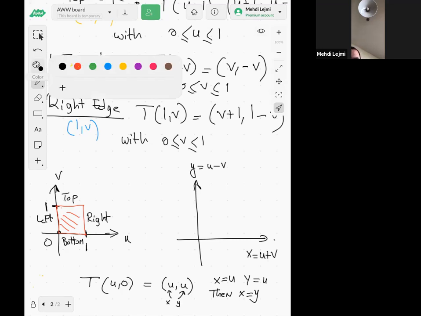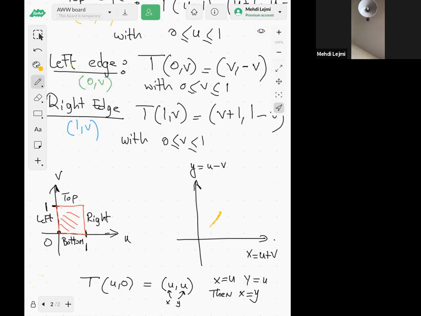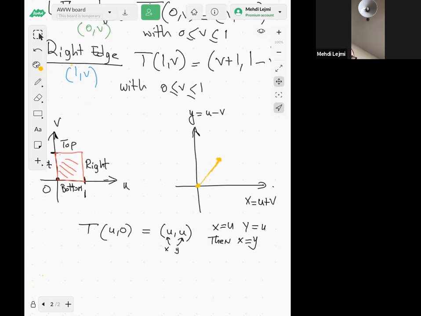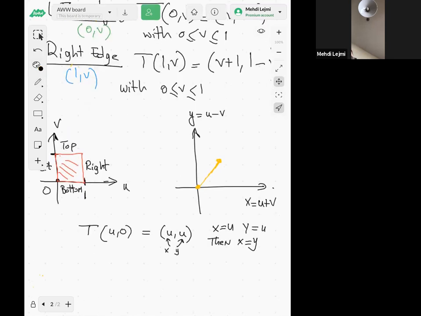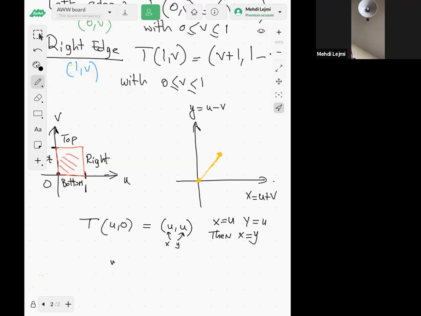So the image of the bottom edge would be the diagonal here, and U, of course, is between 0 and 1. So x is equal to y is equal to U, between 0 and 1.